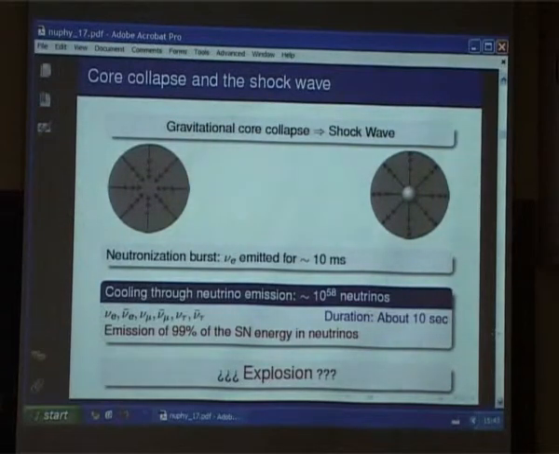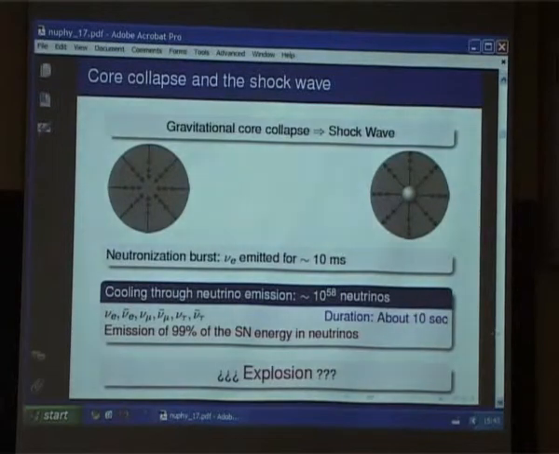The shock wave will break up the nuclei, so heavier nuclei become lighter nuclei. Now, remember, if the interaction with the nuclei is coherent, the cross section goes as A squared. If A is the mass number and the interaction is coherent, it means the cross section goes as A squared.